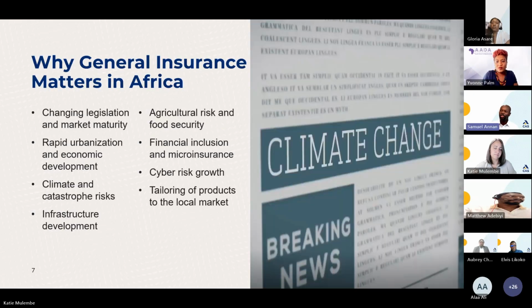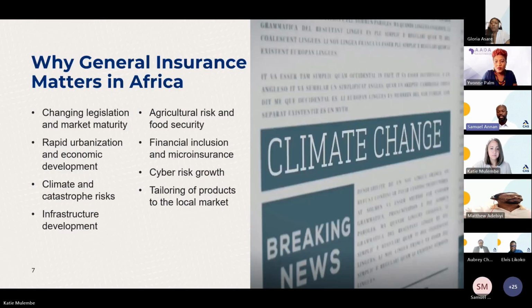All right, now let's look at why this matters for Africa. Africa is at a very important inflection point. You have a lot of changes in the legislative, legal, and regulatory environment. The markets are maturing. You have rapid urbanization and economic development.